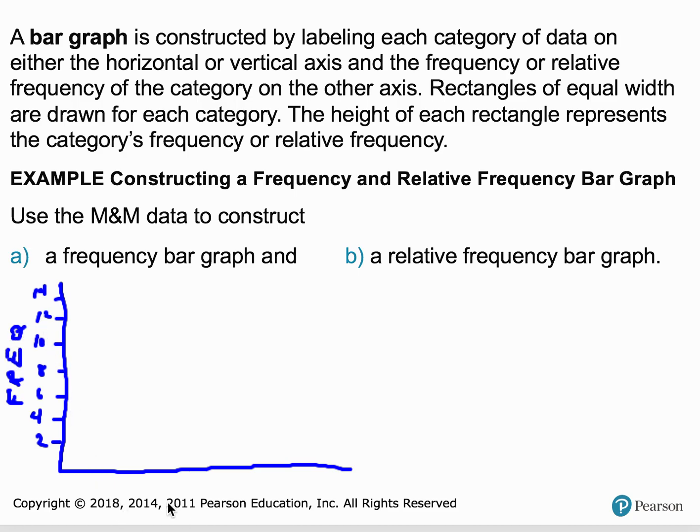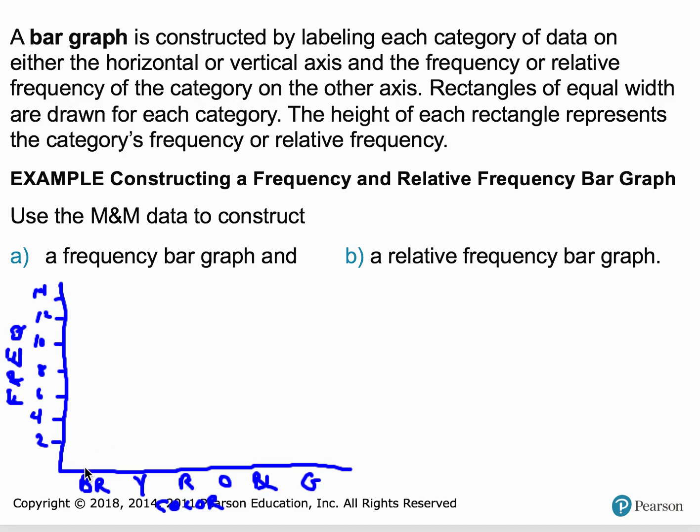Right? And then down here, we have color. So what do we have? Brown, and I'm just shortening these, right? Yellow, red, orange, blue, green.